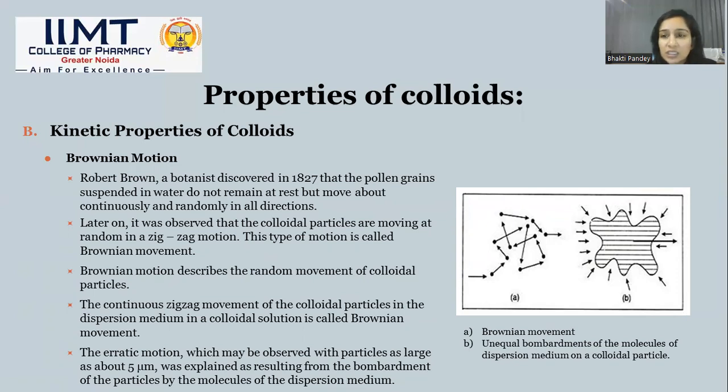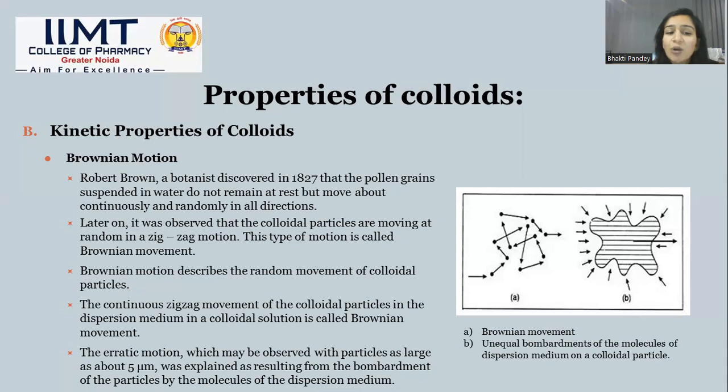Robert Brown was a botanist who discovered this phenomenon in 1827 in pollen grains. When he suspended some pollen grains in water, he observed that they do not remain at rest, but continuously move randomly in all directions. Later on, he observed that colloidal particles move with a random zigzag motion.